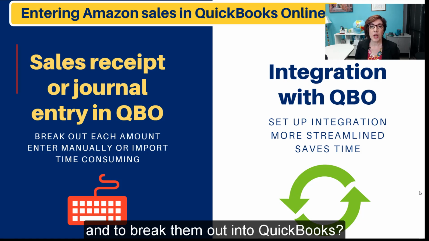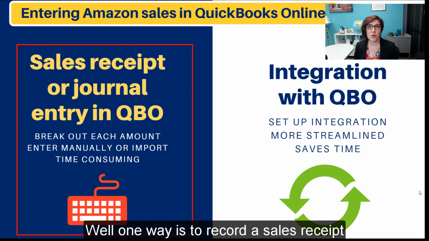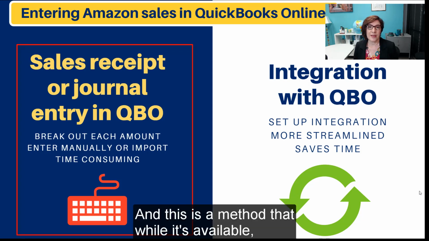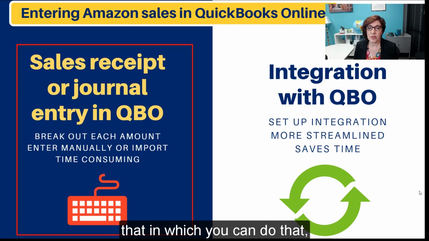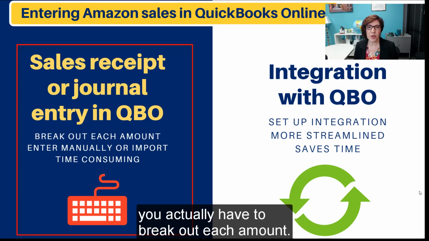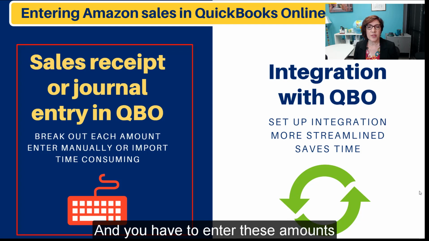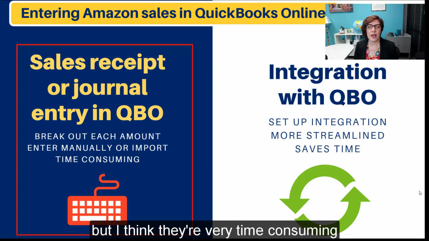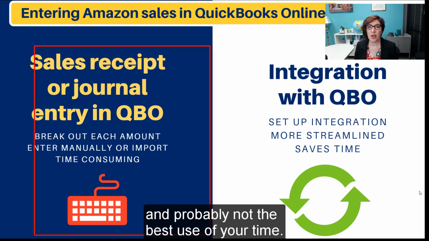Well, one way is to record a sales receipt or a journal entry in QuickBooks. While that method is available, you actually have to break out each amount, and you have to enter these amounts manually into QuickBooks, or you might import them. But I think they're very time consuming and probably not the best use of your time.